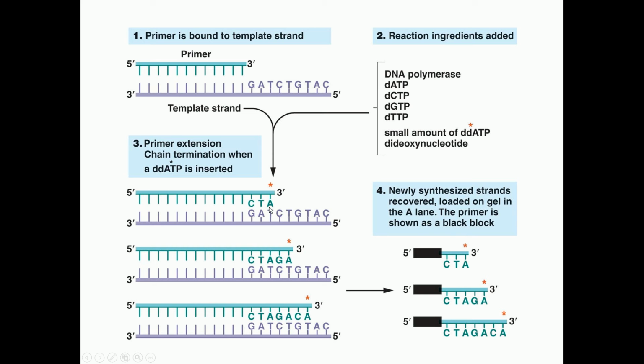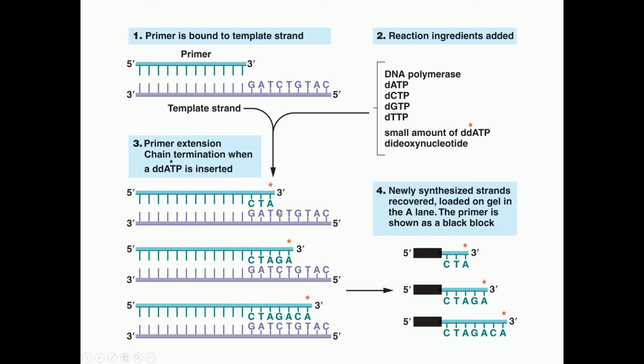Now remember that in this tube there is dideoxy ATP and it is radio labeled, but there is also normal deoxy ATP. There are both things. But this dideoxy is in small amounts, and this is in more amount.